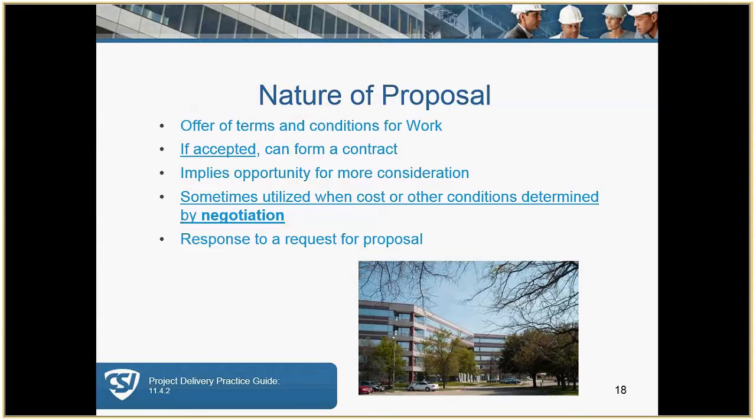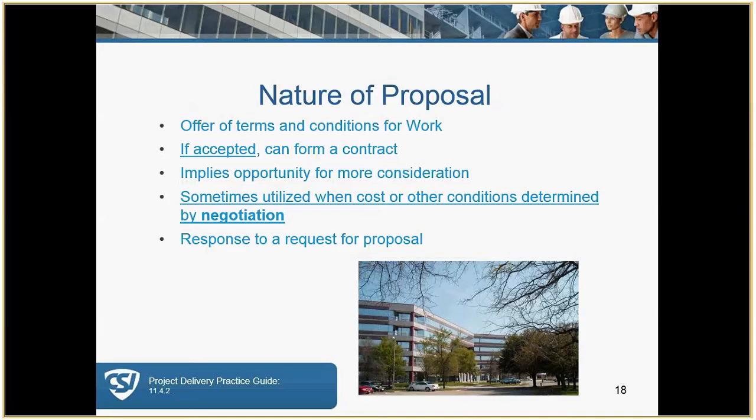Now, the nature of a proposal: it's similar to the bid, but it's often part of a negotiation process, and it may or may not be incorporated into the contract. It may be requested in the form of a request for proposal, and may be requesting a pre-qualified trade contractor or subcontractor by the GC.